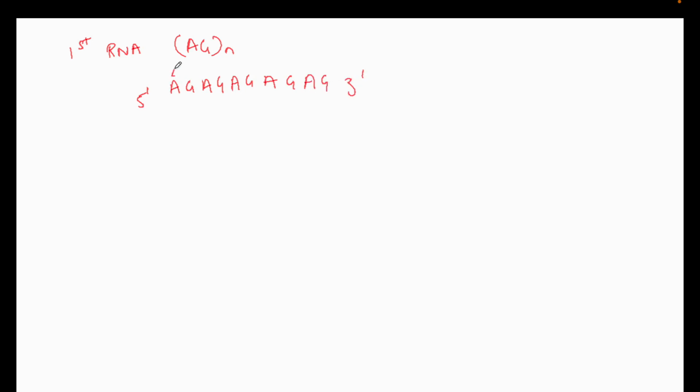So the first reading frame is AGA and GAG, and this will continue, AGA, GAG, till n times, right? This is the first reading frame. The second reading frame will start from the second nucleotide.